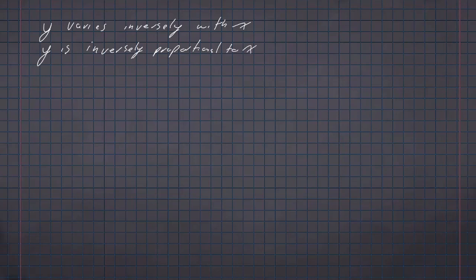So if we want not to have multiplication, the inverse of multiplication is division, and phrases like y varies inversely with x or y is inversely proportional to x tell us to set up a variational equation, y equals k divided by x.